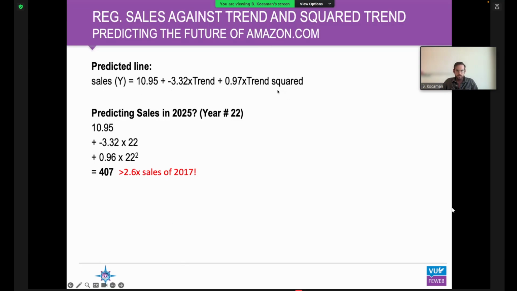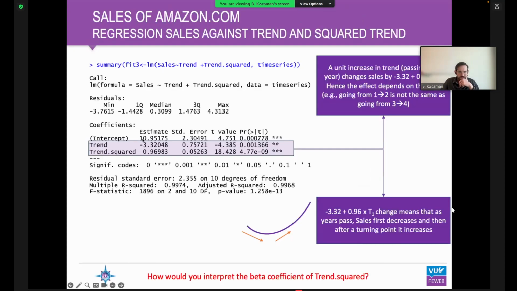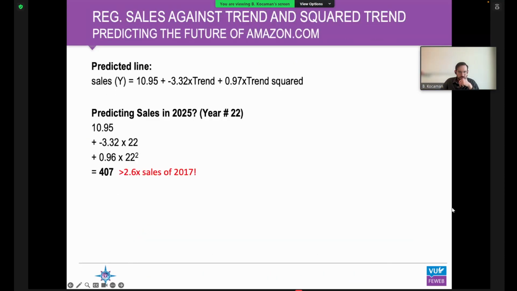And yes, for instance, this is an open calculation. Let me double check the intercept here. Yes, it's indeed 10.95. This is the predicted line that you have: 10.95 minus 3.32 times trend plus 0.97 trend squared. So if you want to predict the sales in 2025, then you need to convert this into the trend variable, which represents year number 22.